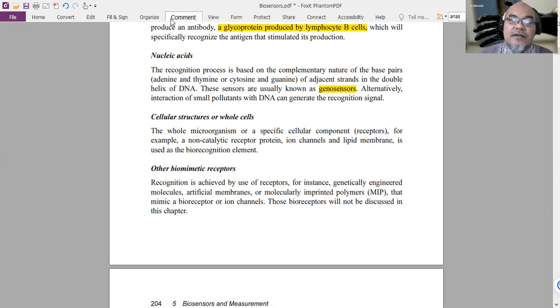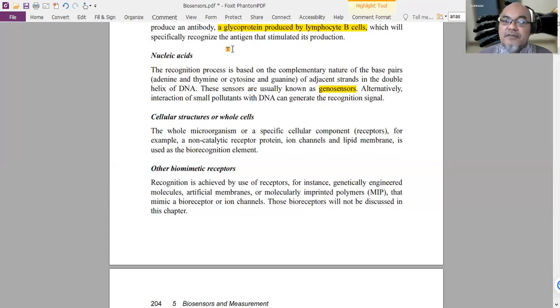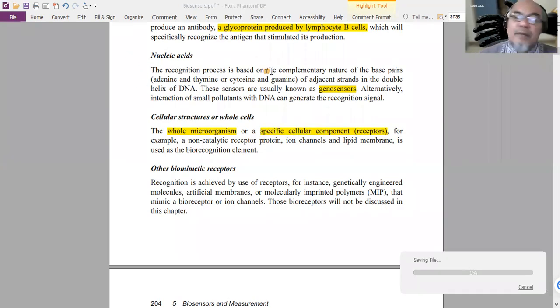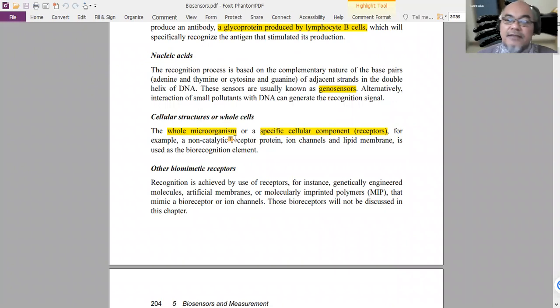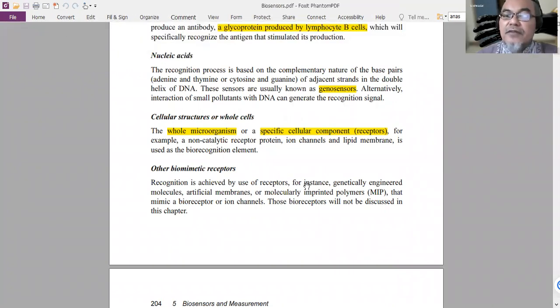So whole cell. In the previous example, I have mentioned also whole cell of bacteria, for example, can be used as the bioelement. But not only bacteria, we can use also mammalian cells as a biological recognition element.